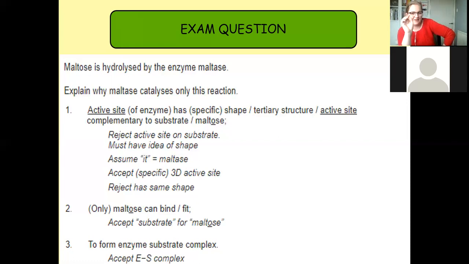Now, you need to make sure you're saying maltose in this point and not maltase, because maltose is the substrate. You could get away with saying only the substrate can fit, but that substrate is maltose. And when they fit together, they form an enzyme substrate complex, so an ES complex.